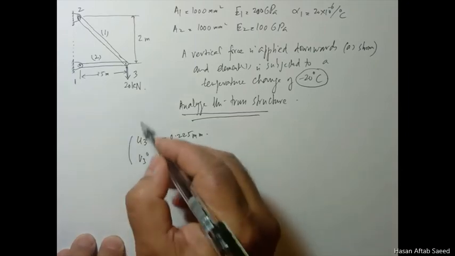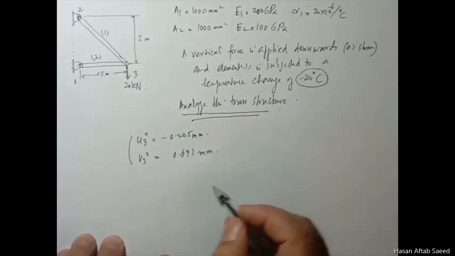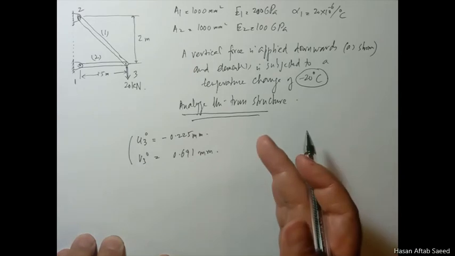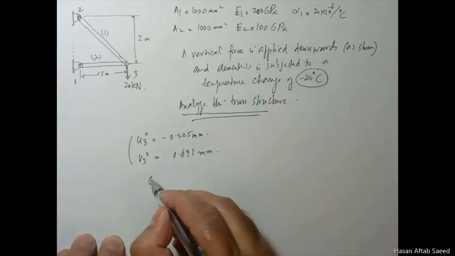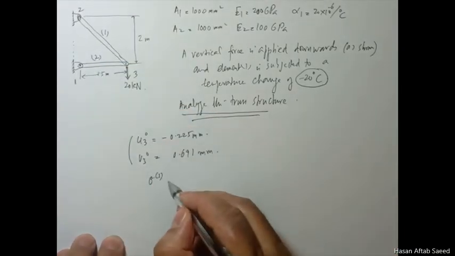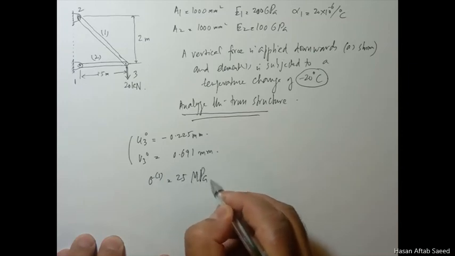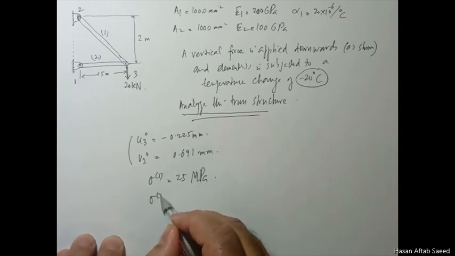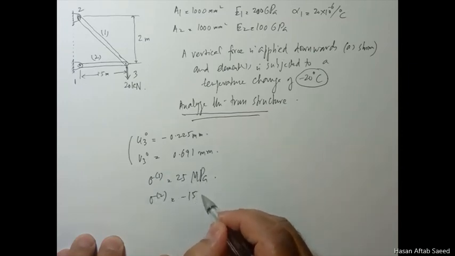These are the global displacement values. And if you calculate the strains and then the stresses, then sigma in element 1 will be 25 MPa. You have to verify this. And sigma in element 2 will be minus 15 MPa.